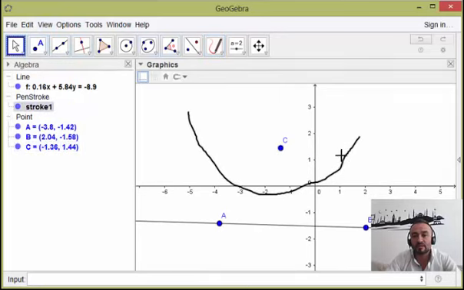The distance to a constant point and the constant line is the same in all points of this curve. The set of these points creates the curve. We call this the parabola in Euclidean geometry.